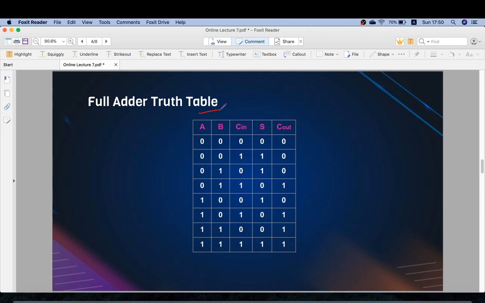As there are three inputs, three variables A, B and carry in, and two outputs, as per steps we will take the same designing steps we take in combinational logic circuits or in half adder. After understanding the problem, the second step was to name the variables. So we name A, B and C in for the input and S and C out for our output variables.